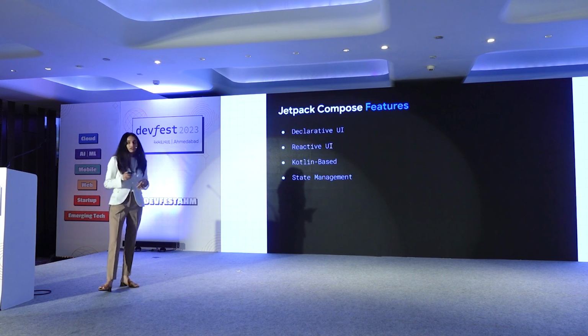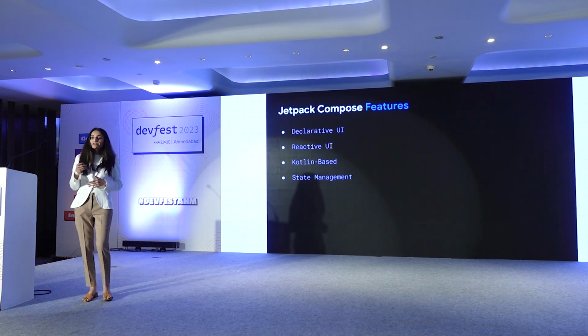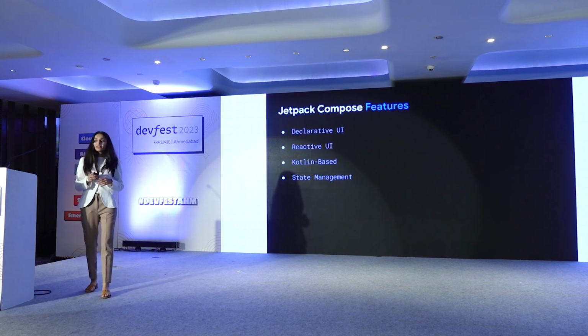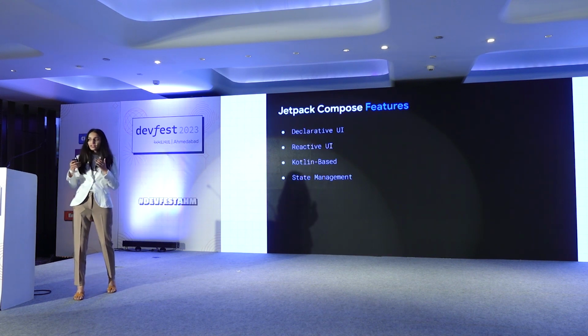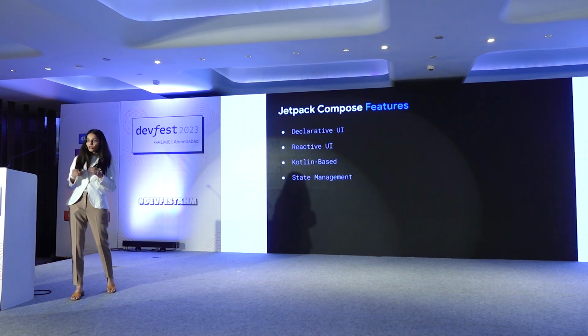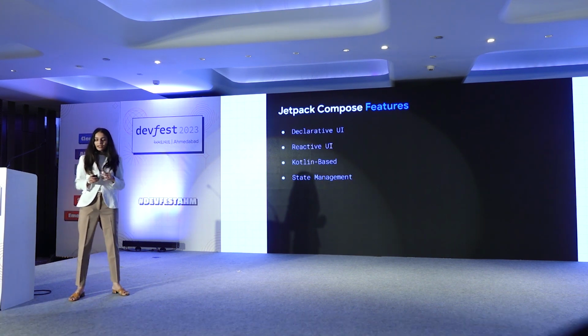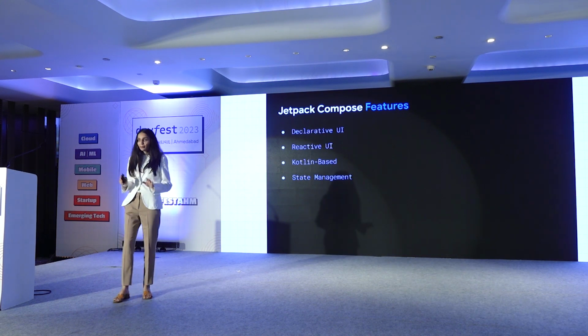So these are the features of Compose. That is declarative UI. We focus on what to build rather than how to build. It's reactive. It just reacts immediately based on the state. You don't have to check for the updates whether it has changed or not. It just changes immediately. It is entirely built in Kotlin.